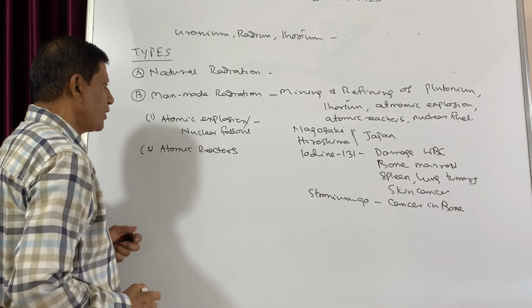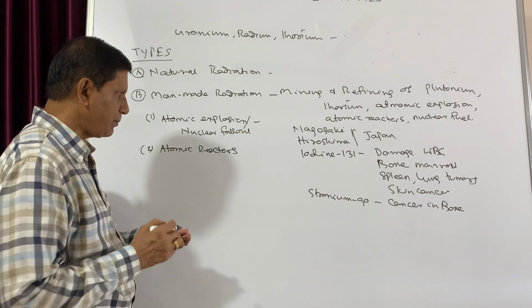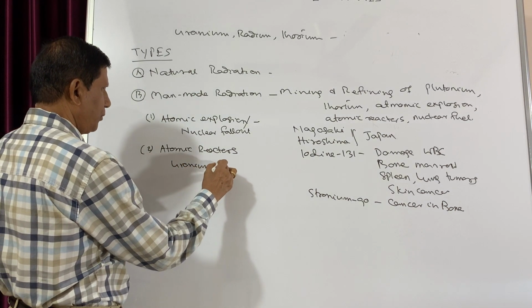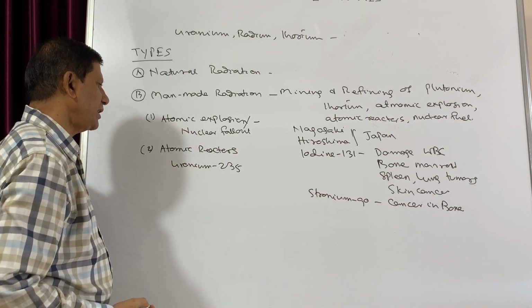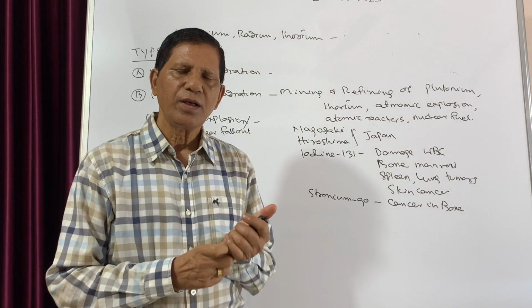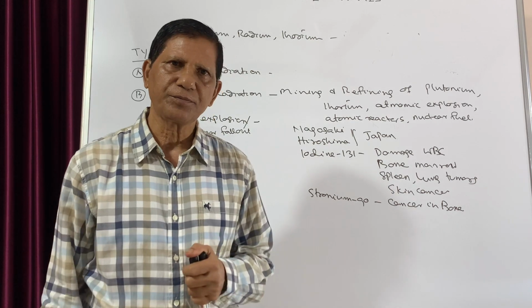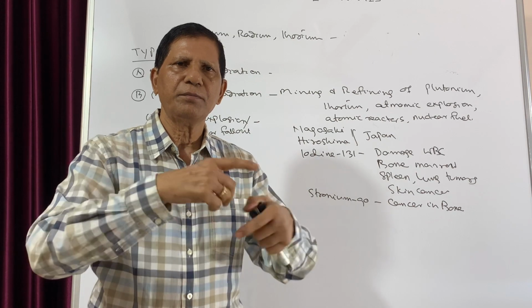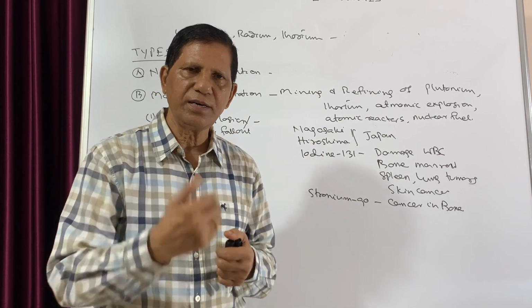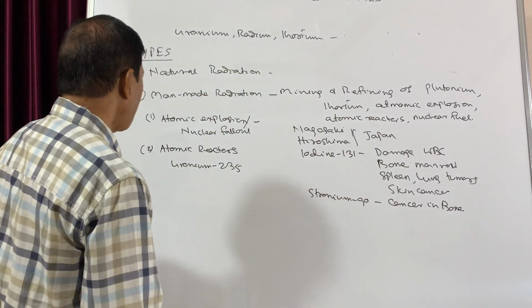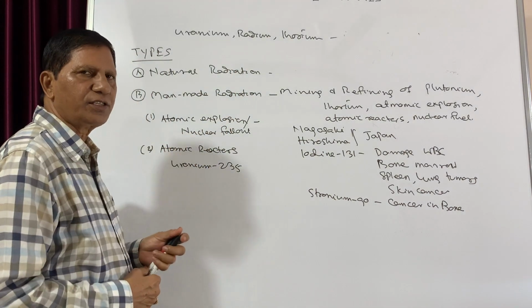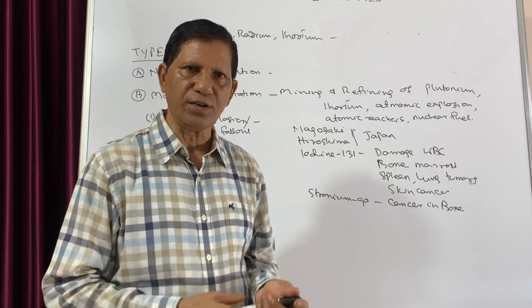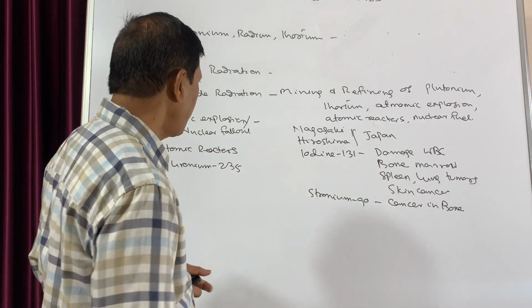Atomic reactors. Different types of substances, like uranium 235, are used as fuel for generation of electricity, so that the turbine will rotate and generate electricity. But sometimes certain accidents occur in these atomic reactors, releasing a lot of radiation. Now let us take two examples.